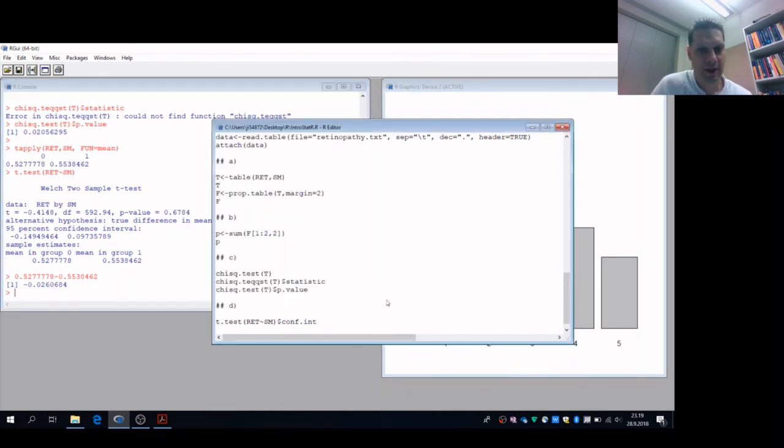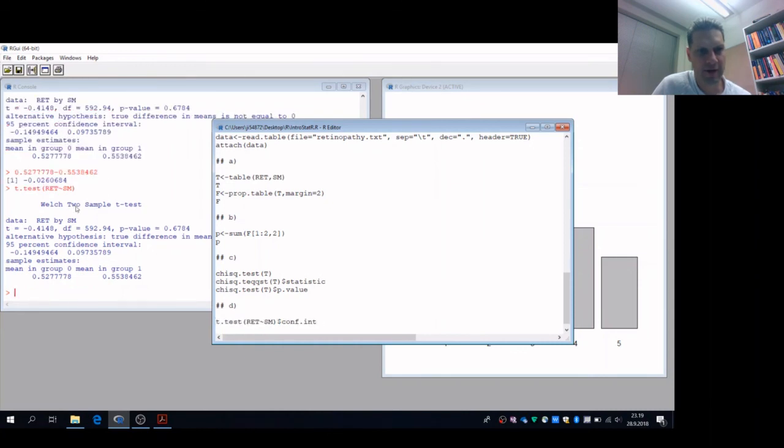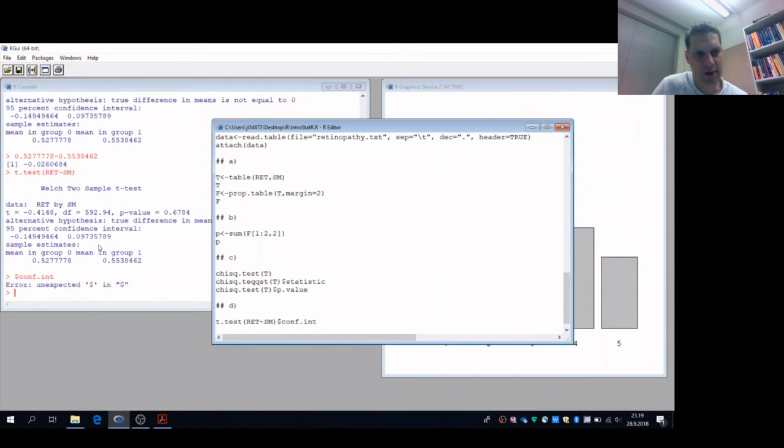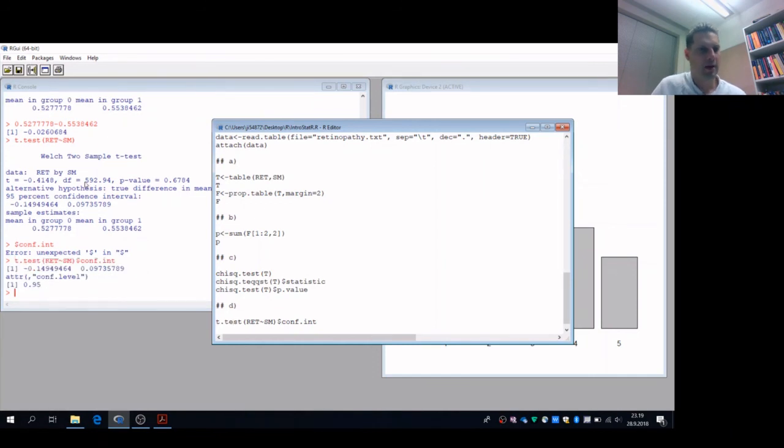So in the end, we just use the t-test. We write it as given, and the confidence interval for the population mean difference can be obtained by, for example, picking up the argument conf given here.